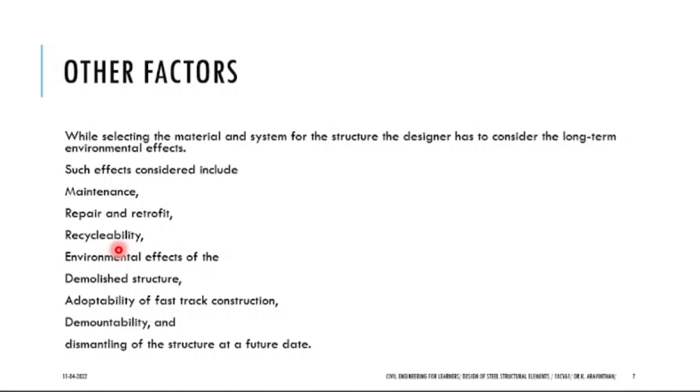If you are building an industry and all the members are constructed using steel, one day you are moving your industry to a different location. What you can do is uninstall, that is, you can remove all your bolts and nuts, and you can take the same material and build your structure in another area.